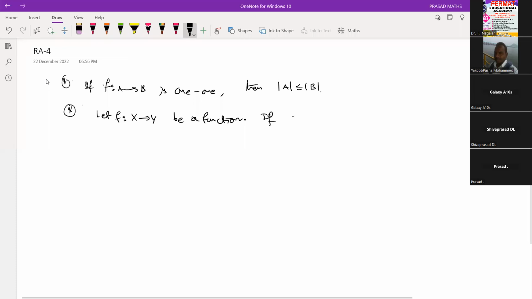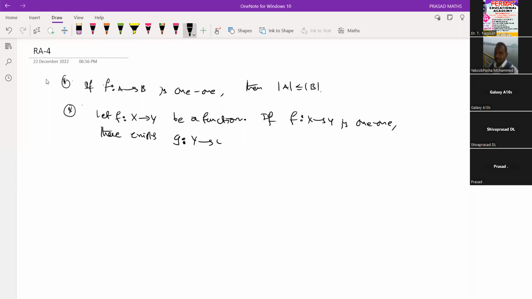If f from X to Y is a 1-1 function, there exists g from Y to X, a function, such that f of g of y equals y for every y belonging to Y. The question is, is it true or false? True, sir.